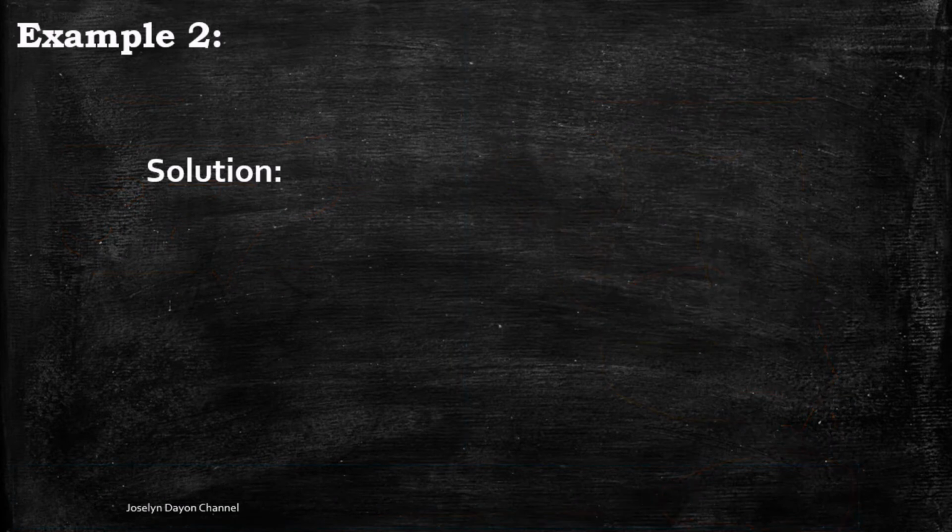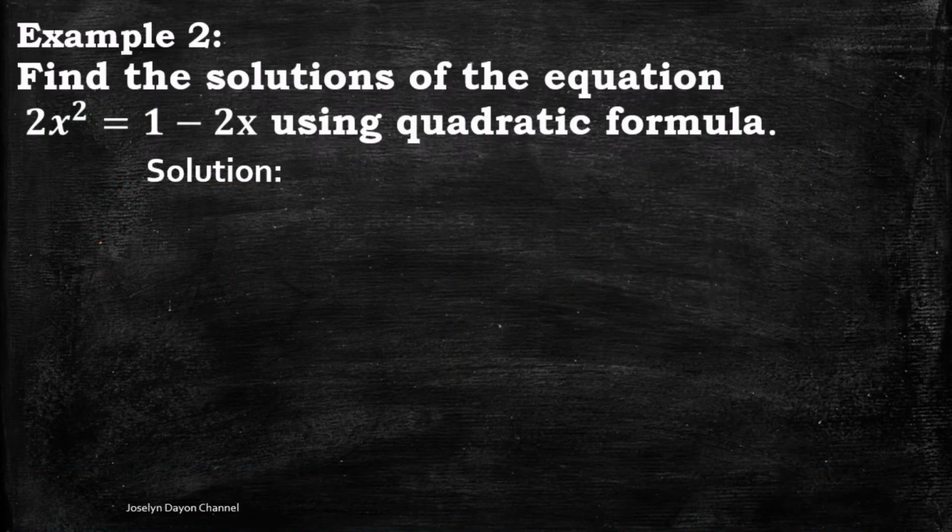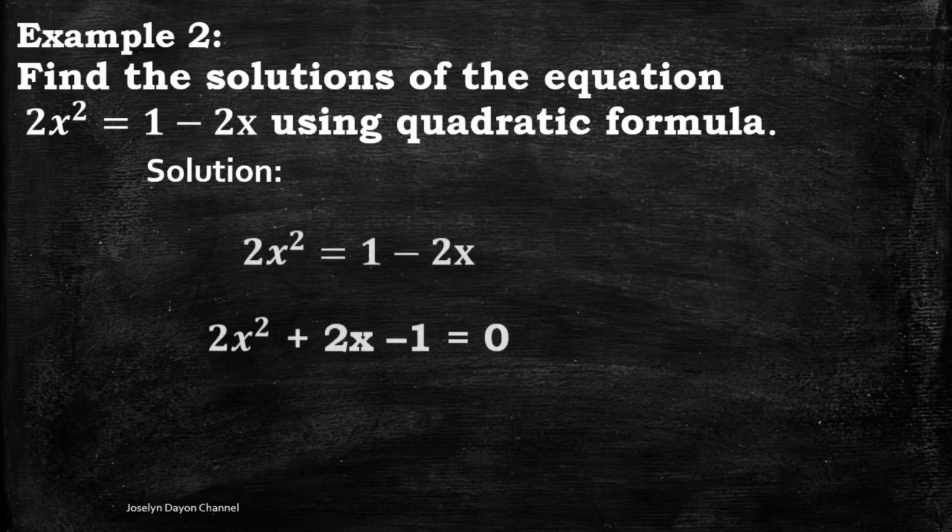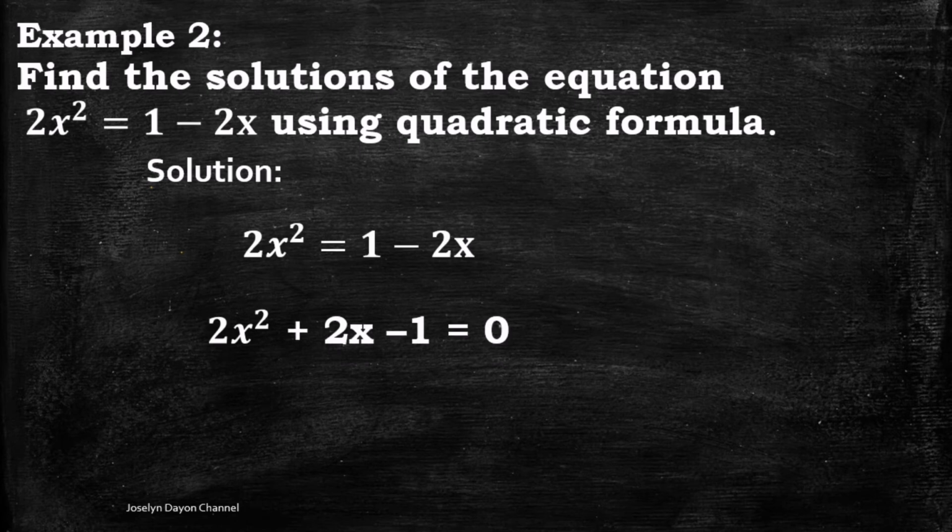Let's have the second example. Find the solutions of the equation 2x squared equals 1 minus 2x using the quadratic formula. Okay, first, write the equation in standard form. So 2x squared is already on the left side of the equation, just copy. Next, we're going to transpose 1 and negative 2x to the left side.